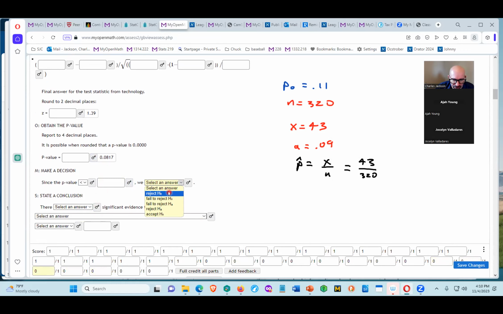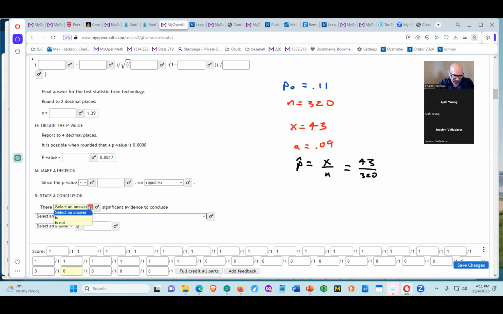By the way, that bottom one there is never the answer, because we never accept. It's just reject or no reject. Now, if you reject, it can only be because of evidence. If there's not enough evidence, then you just have to say we can't reject. We fail to reject.